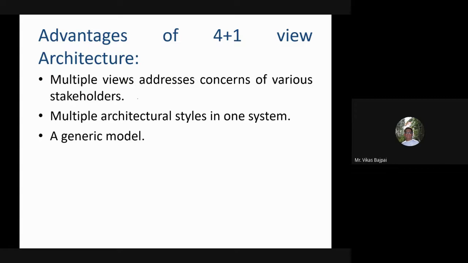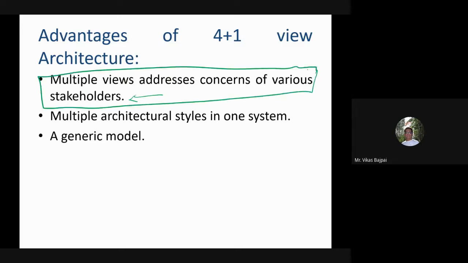So multiple views will be addressing the concerns of all the stakeholders. That is a major advantage of this. Then we'll have multiple architectural styles in one system, and with the example, you will see that this is a very generic model, right?